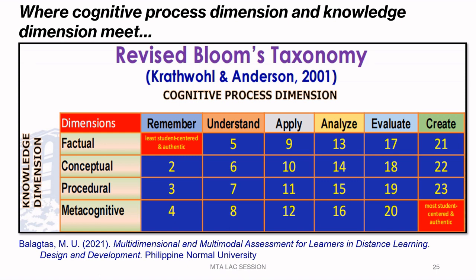So we could say understand factual level, or apply conceptual level, or evaluate procedural level, or create metacognitive level, and so on and so forth. Here, remember factual is the least student-centered and the least authentic one, while create metacognitive level is the most student-centered and the most authentic.